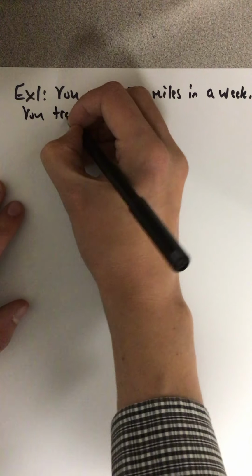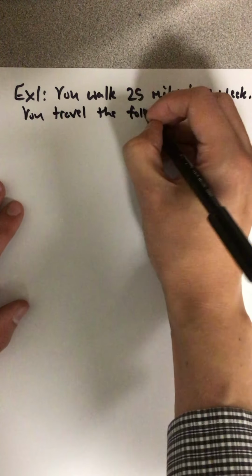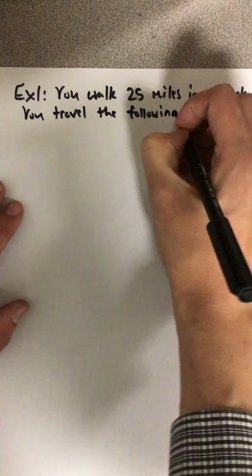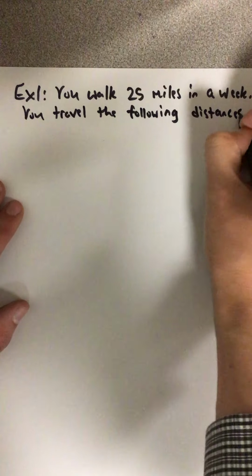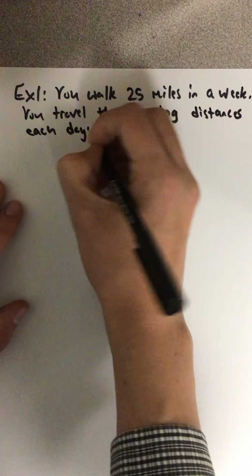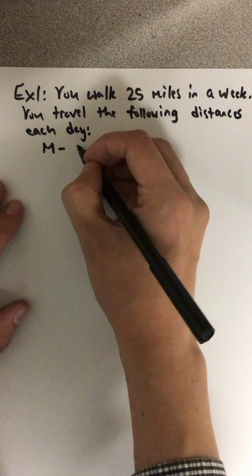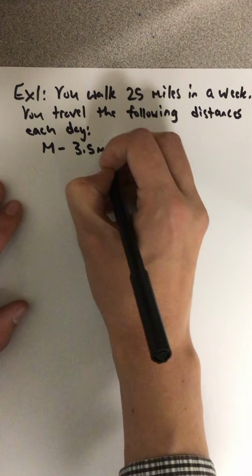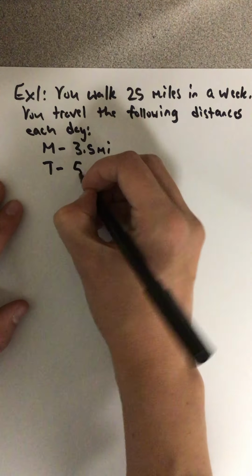You travel the following distances each day. So Monday, we travel 3.5 miles. Tuesday is 5.5 miles.